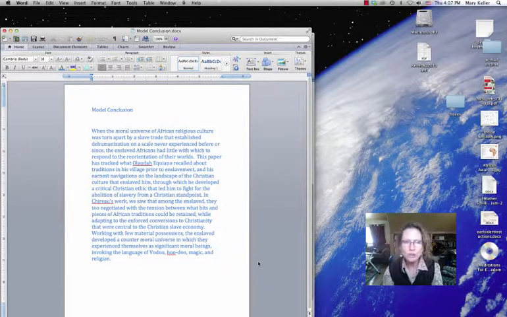In Thoreau's work, we saw that among the enslaved, they too negotiated the tension between what bits and pieces of African traditions could be retained, while adapting to the enforced conversions to Christianity that were central to the Christian slave economy. Working with few material possessions, right?